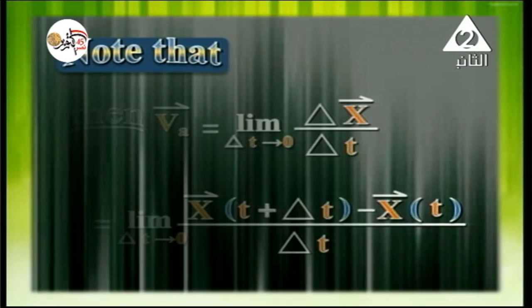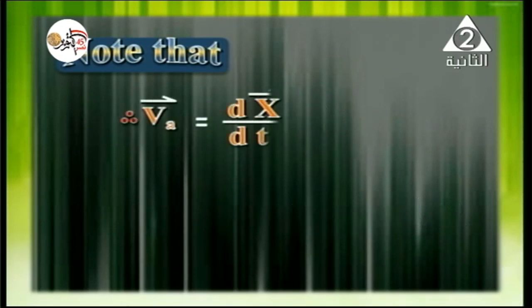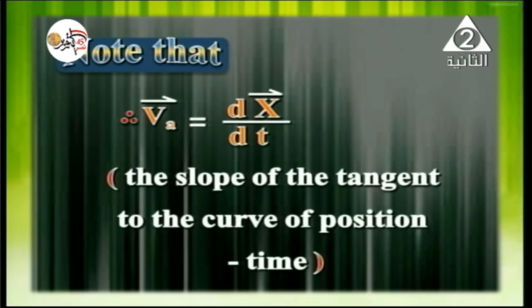Therefore, velocity is dx over dt, or the differentiation of the position vector with respect to the time t. This is called velocity, or the slope of the tangent to the curve of position-time. My dear student, delta x over delta t means the slope of the tangent to the curve of position-time.